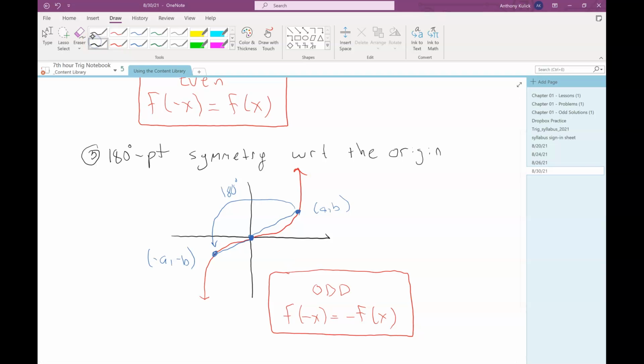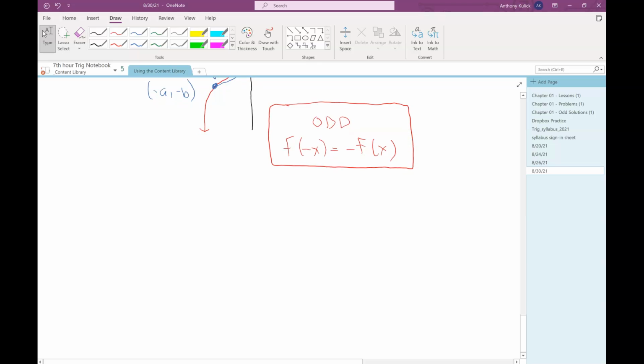So let's do some examples now. We've seen the three types of symmetries. I would hope that if you saw a picture, you could pick out the proper type of symmetry. And if I ask you to prove a function has a certain type of symmetry, you could do the algebraic manipulation that we're about to talk about and go through. Okay?